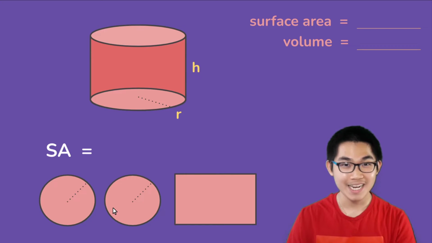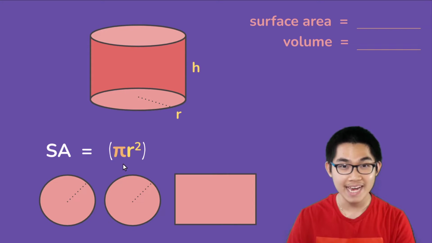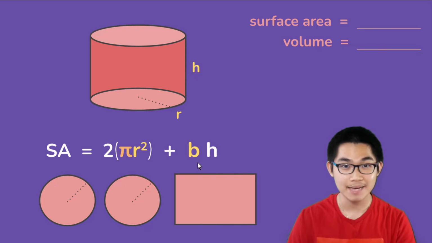Okay, and so what is the area of one circle? The area of one circle is pi times r squared, and since there are two circles, we need to multiply by 2. How about the area of the rectangle? Well, the area of a rectangle is the base times the height.